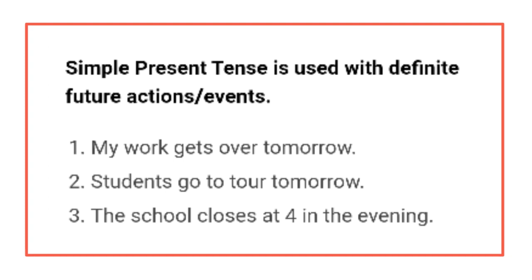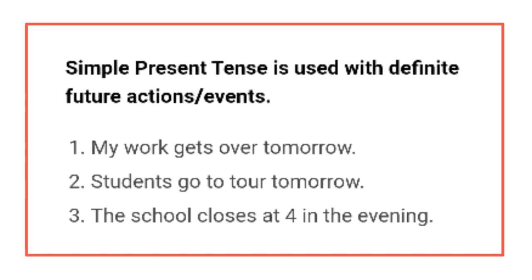Simple present tense is used with definite future actions or events. If we are very much sure about that future event or future action, we can use simple present tense. Example, my work gets over tomorrow. Students go to tour tomorrow. The school closes at 4 in the evening.